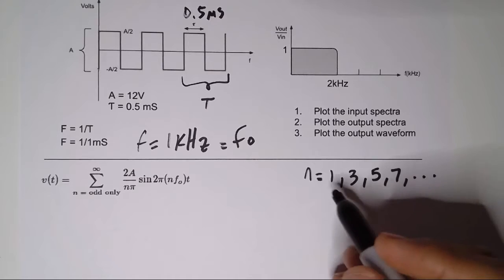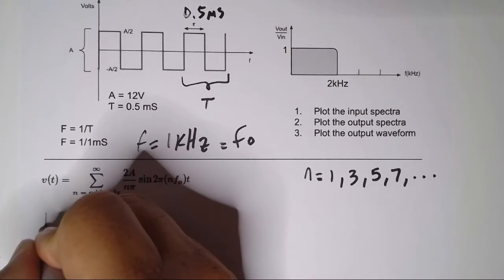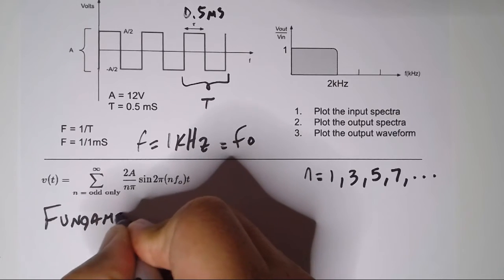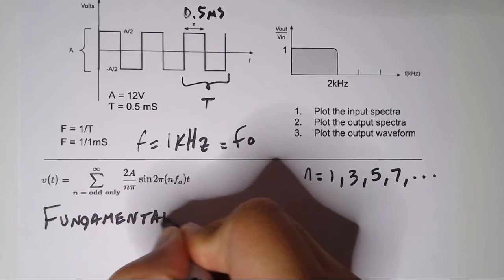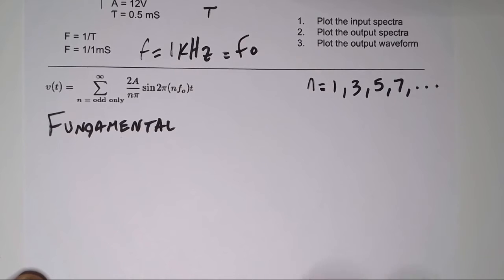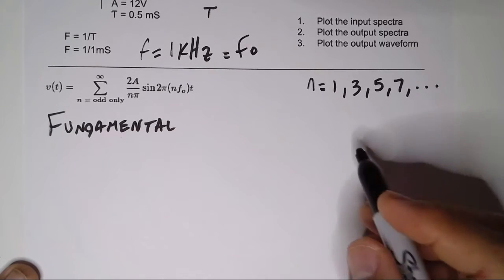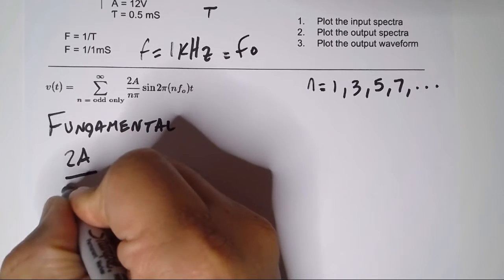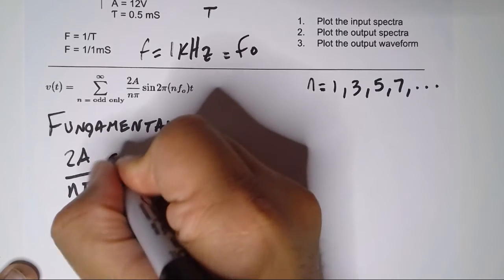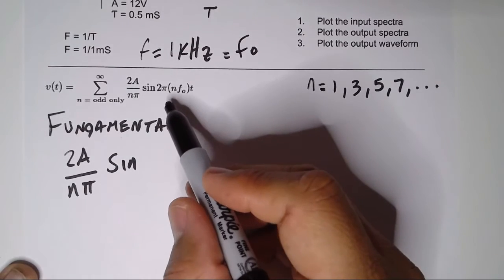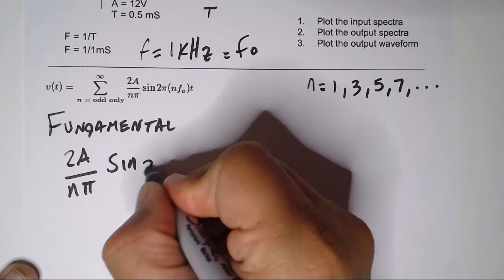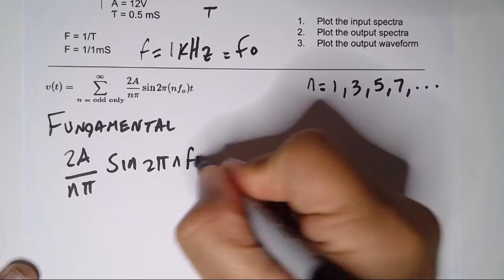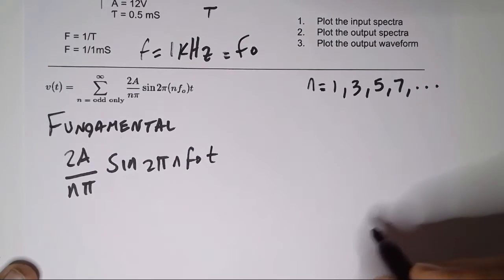Okay, so to work with the fundamental, which is the first harmonic, we will use the definition, and that's 2A over n times pi times sine of 2 pi times n times the fundamental frequency times t.